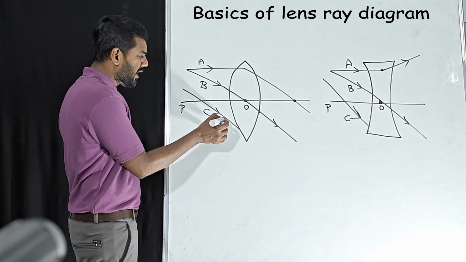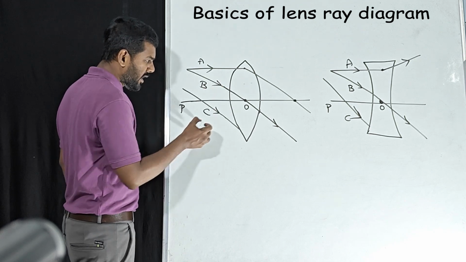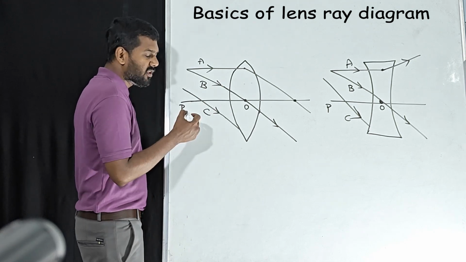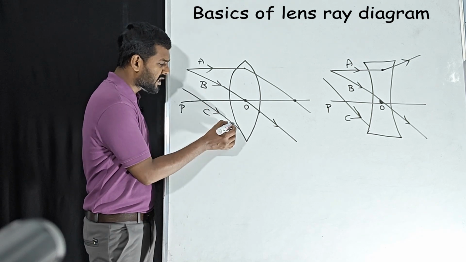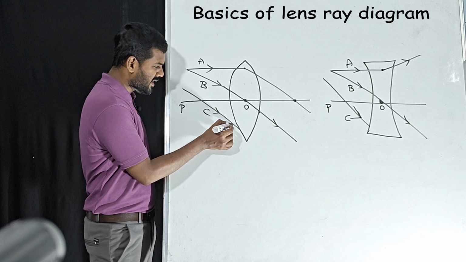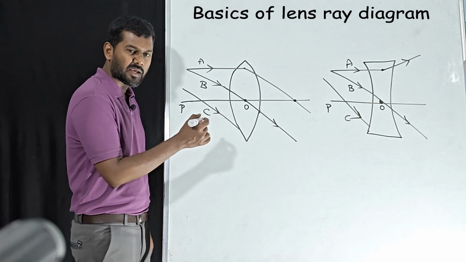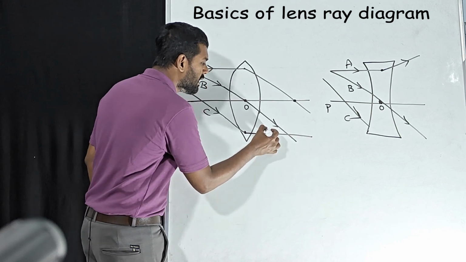Next, this ray can be like this or like this or like this, any direction. If the rays are in any direction, it is considered as a ray not parallel to the principal axis. So after the refraction, it becomes parallel.